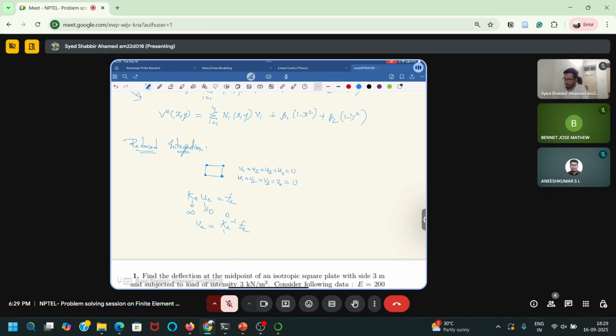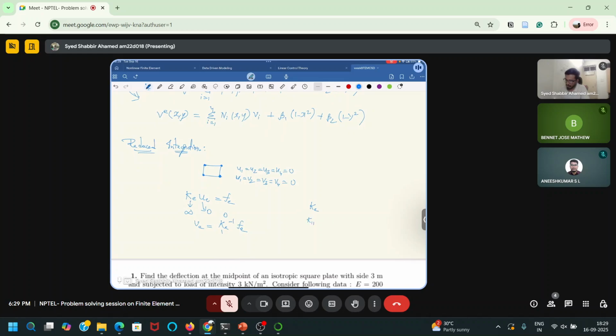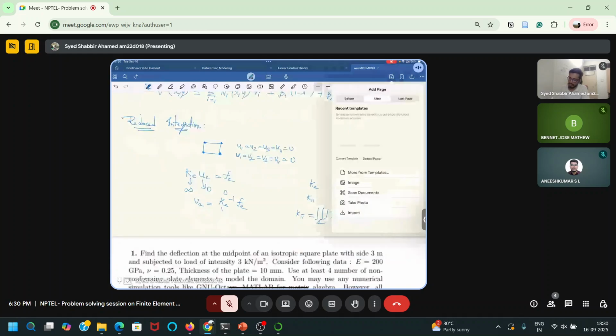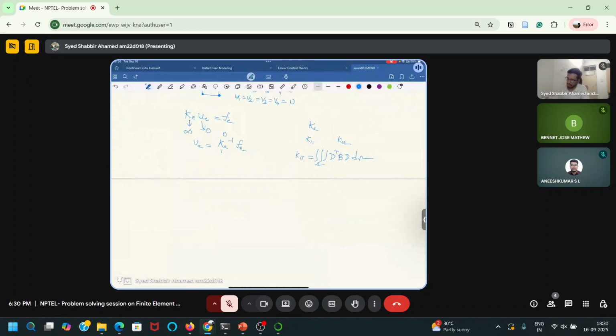But whenever we compute KE for an element, if I want to find K11, K12, K21 and K22, we do this integration over the domain. While doing this, we take Gauss quadrature, based on the polynomial degree you have.